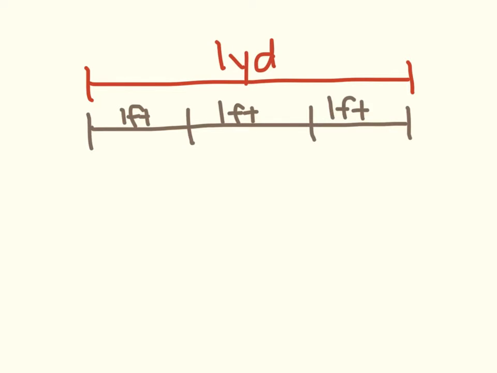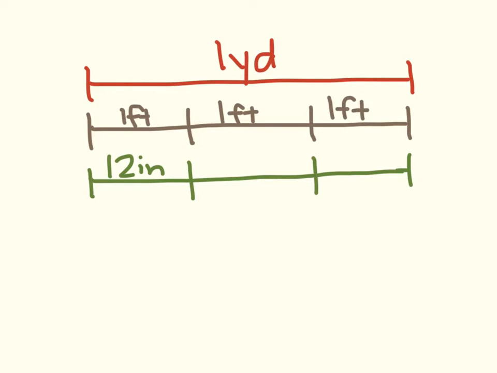Now the last one we're going to put down right underneath that, because it's important that you understand this. I'll get it exact if I can, dividing it in 3: 12 inches, 12 inches, 12 inches.